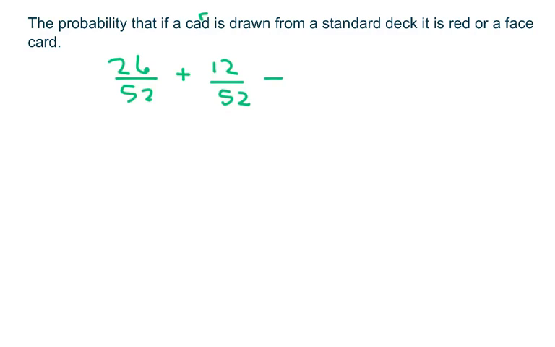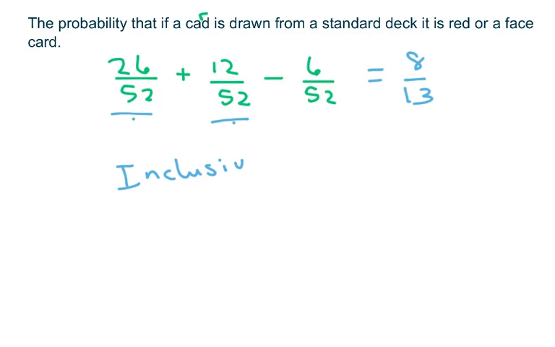So we're subtracting out the 6 that we've already counted. It's easier than trying to figure it out when you're doing these. So you're just adding them up and then subtracting out the duplicates. So that's going to be 8 over 13, and this is inclusive. All right.